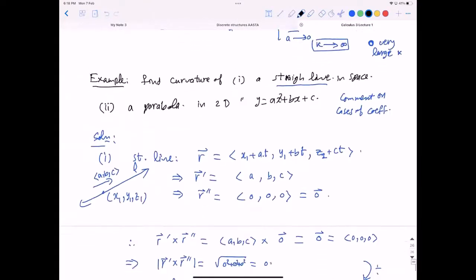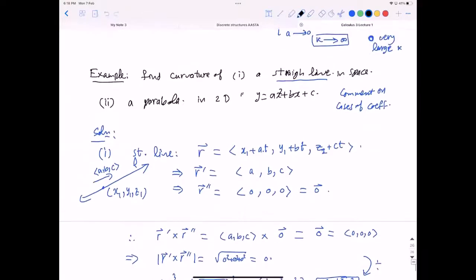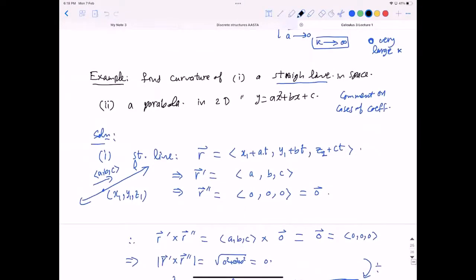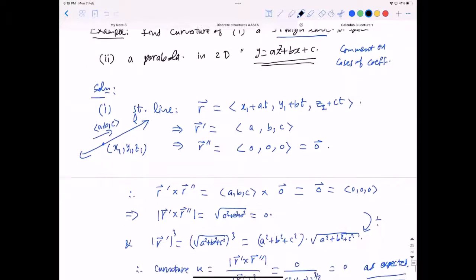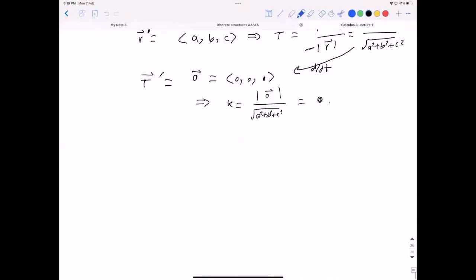The last example is the parabola. This is easy to apply your formula to, because y is an explicit function of x, y is ax squared plus bx plus c. This represents a parabola as usual like this.